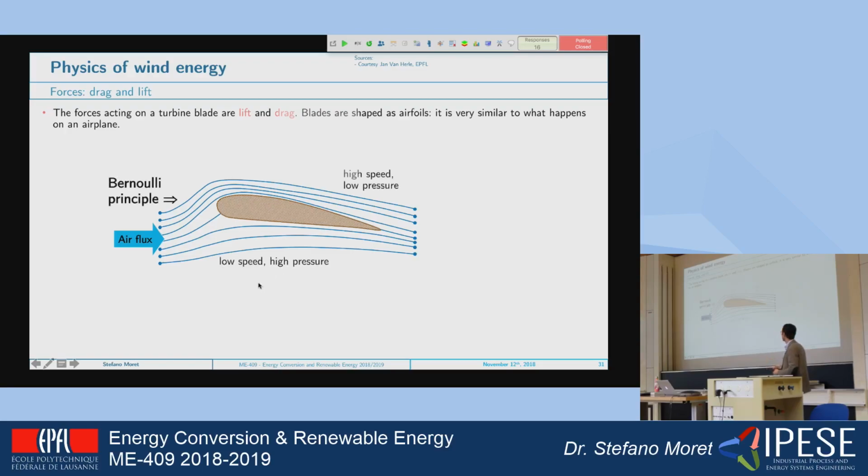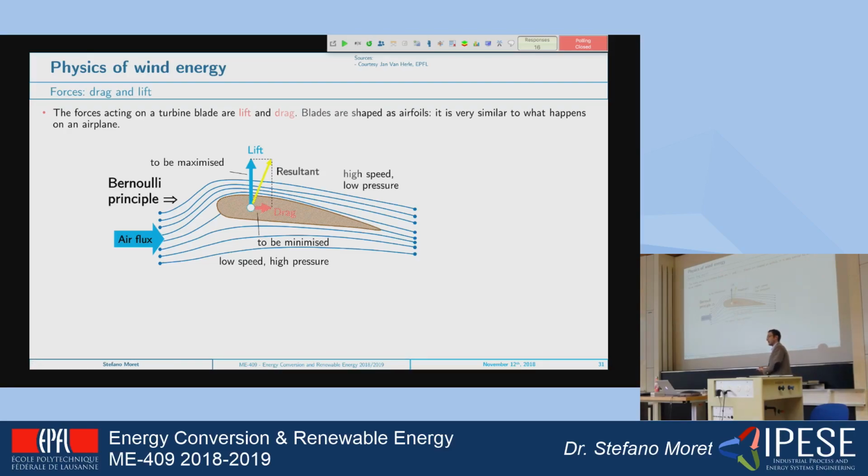If we apply the Bernoulli principle above and below, you know that pressure and speed squared always have to sum up to the same value. So you have a higher speed and lower pressure above, and a lower speed and higher pressure below. And this creates the lift force that we need for airplanes, right?